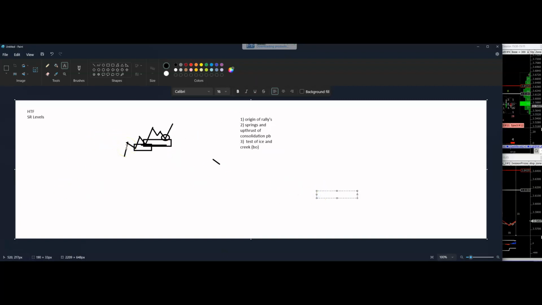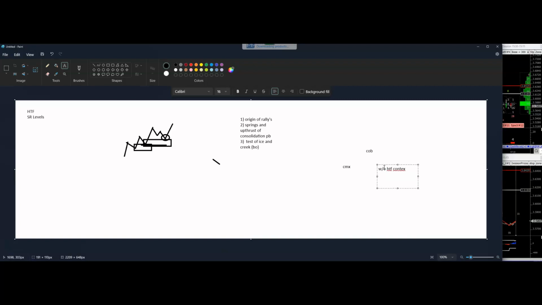And everyone knows how to do that, but that is what you need to do instead of looking at a chart and doing this. Say you're looking at a chart, you say, oh, this is a climax, and start labeling it. This is a change of behavior. This is whatever, without higher time frame context.